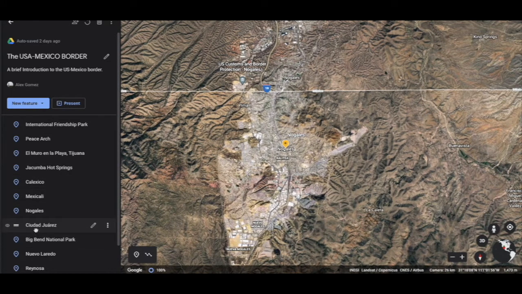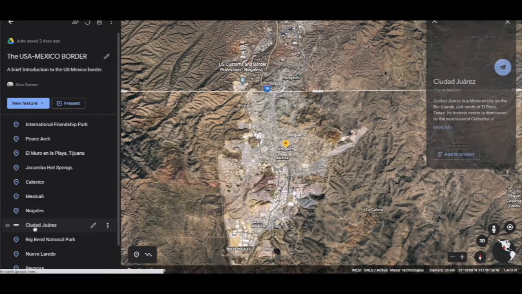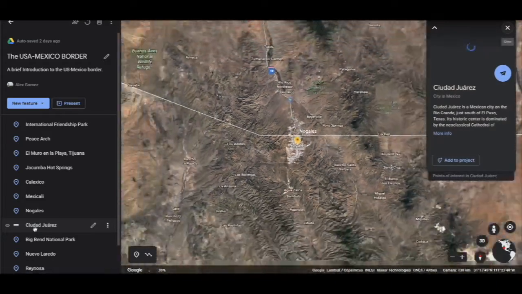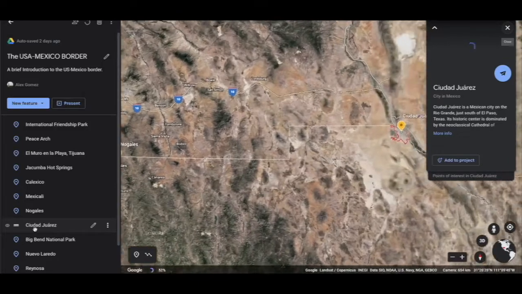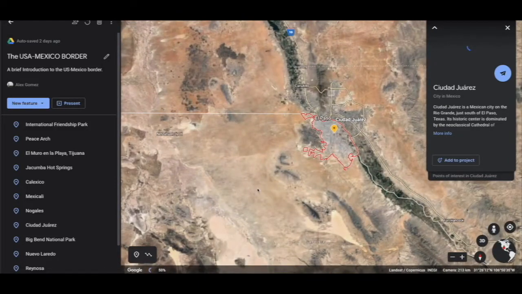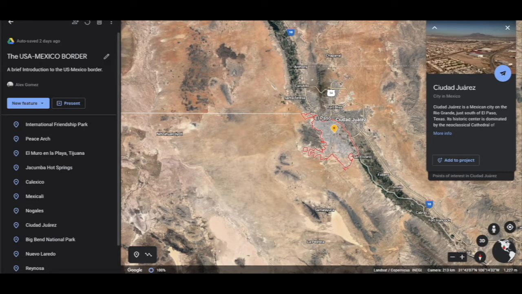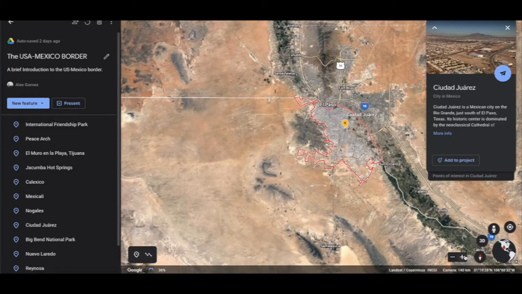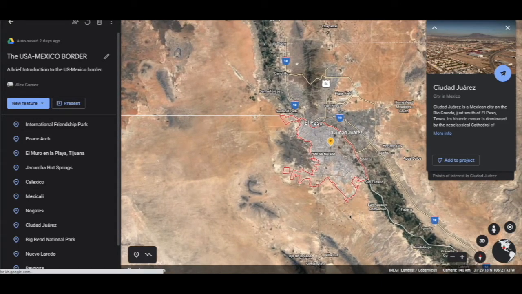Let's go to Ciudad Juarez, which has been very controversial because of the crime, the drugs, the cartels. There are so many movies done in this city, and it's really interesting because on the other side, the city of El Paso, if you compare crime there, it's almost none in relation to Ciudad Juarez. Why?